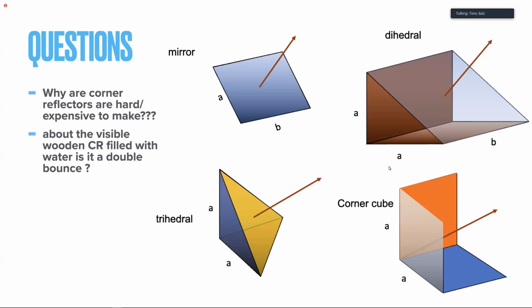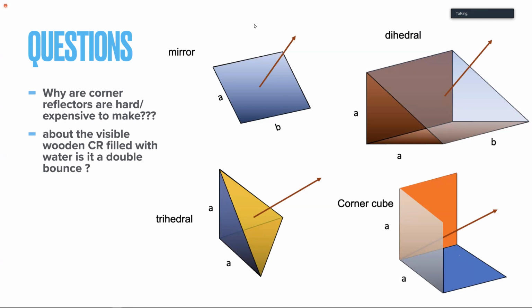So next, we got some questions on the corner reflectors. Why are corner reflectors hard or expensive to make? They are not actually expensive to make, and they're also not hard to make.